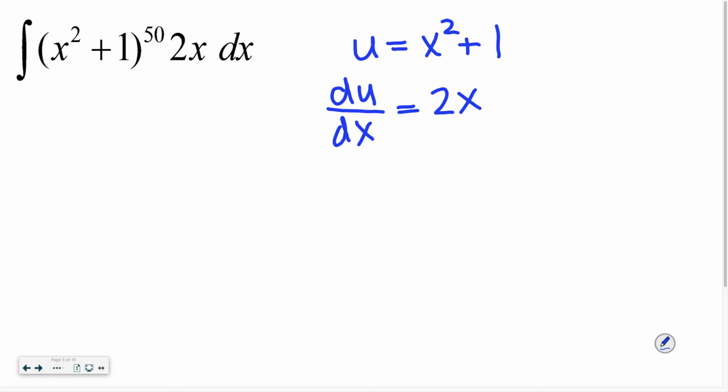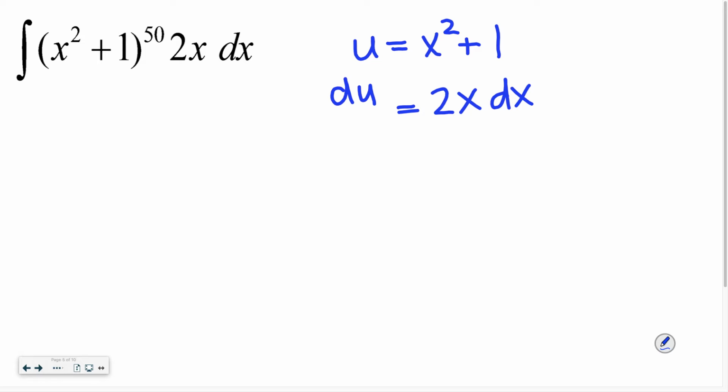But with our differentials, we separated the dx from the du. So we would take this dx and take it over to the other side, like that. So du equals 2x dx. Do you remember doing that? No? We did it, I promise. In Unit 3, in fact, like 3B.